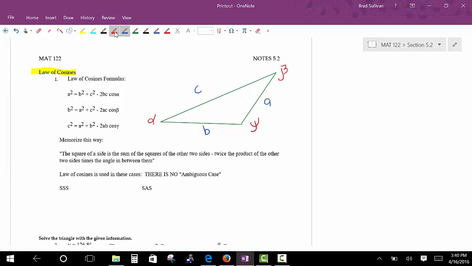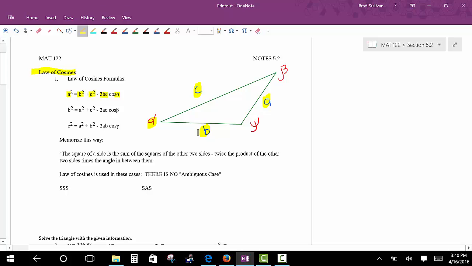If you pick a side, like side A, you take the sum of the squares of the other two sides, then twice the product of those two sides, and then the angle in between. These are the four variables that are going to exist in all of the law of cosines formulas.